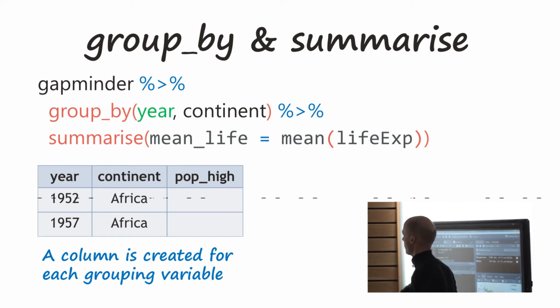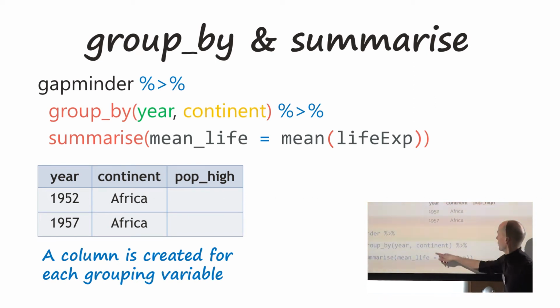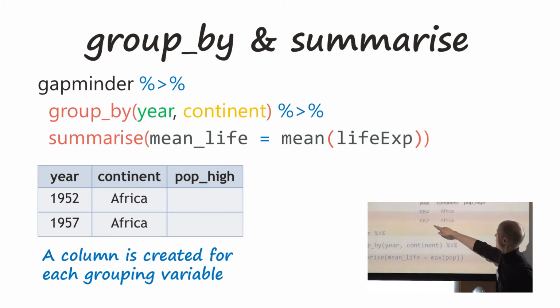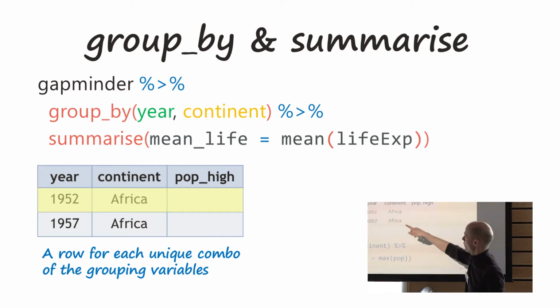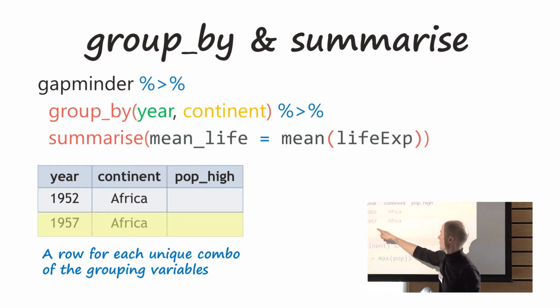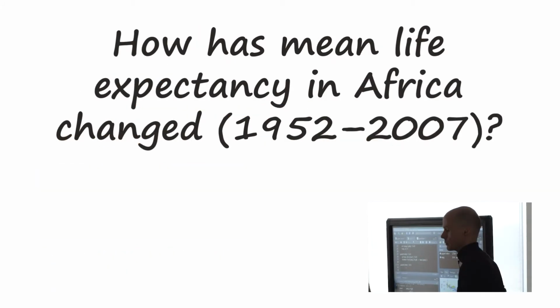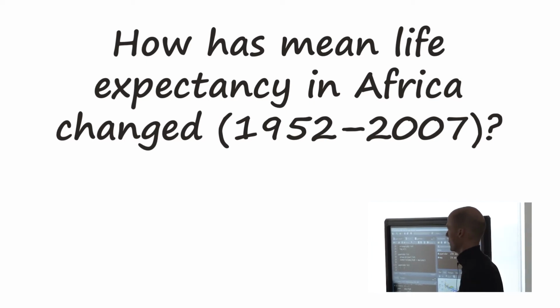But if we were to group by year and continent, we get a column for every year and a column for every continent, but we get a row for each unique combination of the grouping variables. So we get 1952 Africa, 1957 Africa.